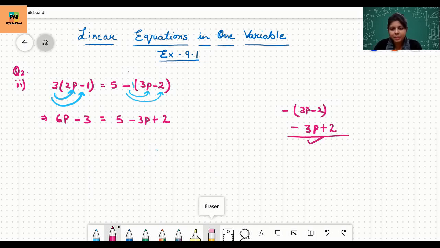Now if you compare this and this, both are same. Minus 3p plus 2, and here also minus 3p plus 2.